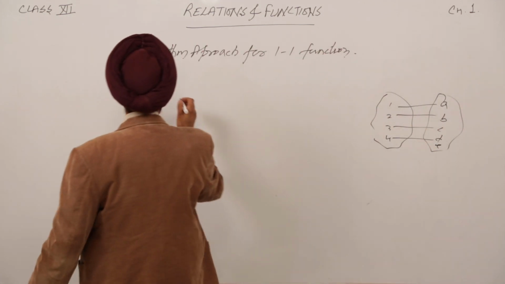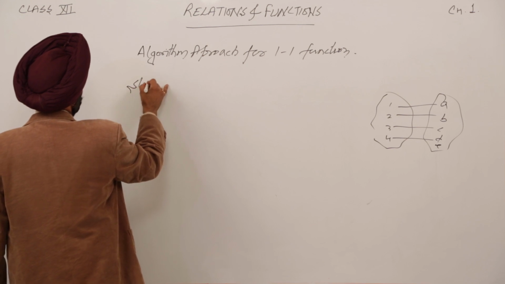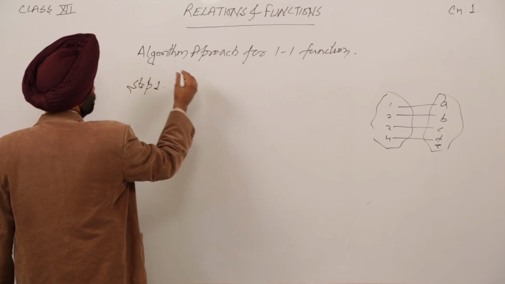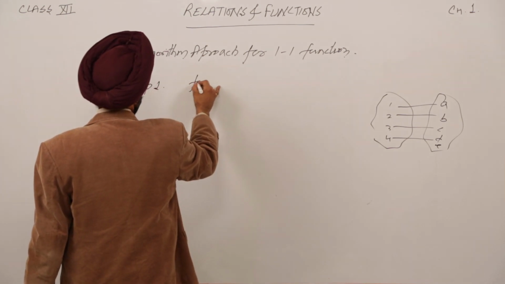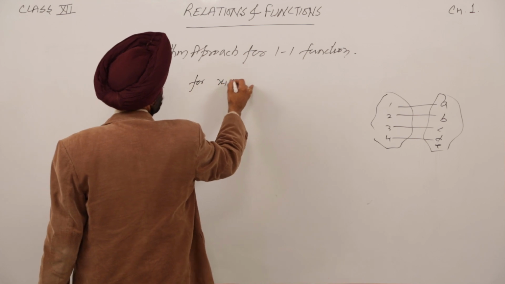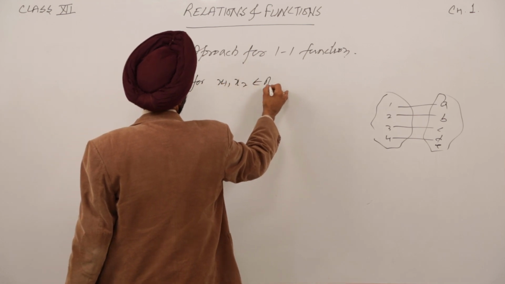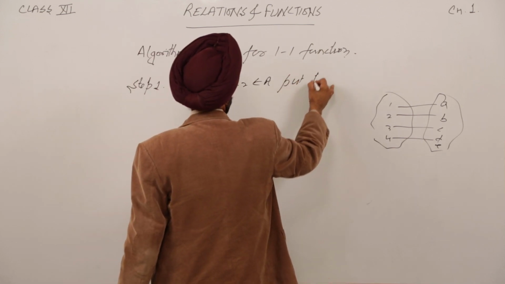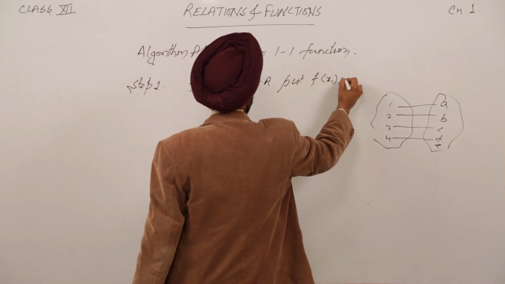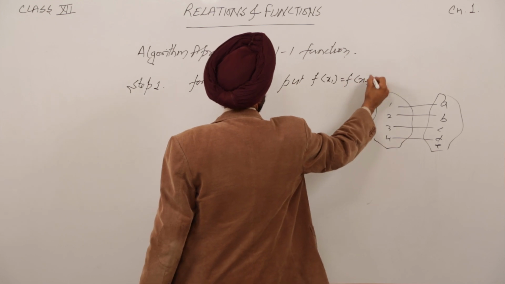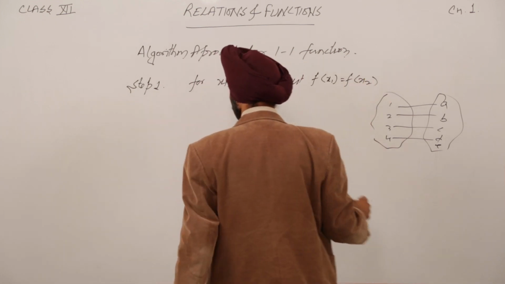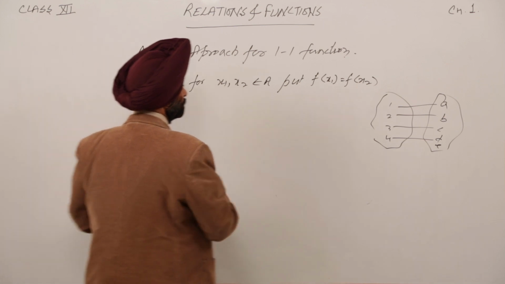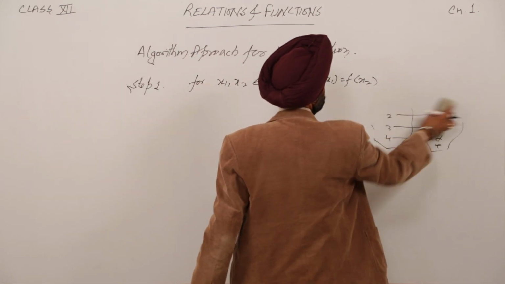Now step 1: for x1, x2 belongs to A, any set, put f(x1) is equal to f(x2). Now we have to put f(x1) is equal to f(x2).